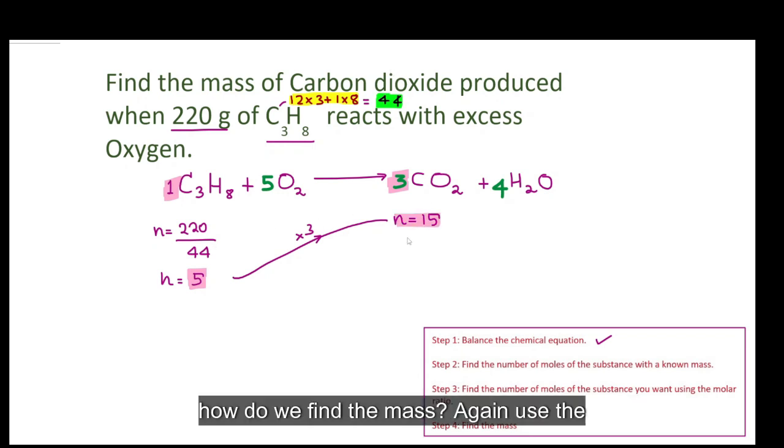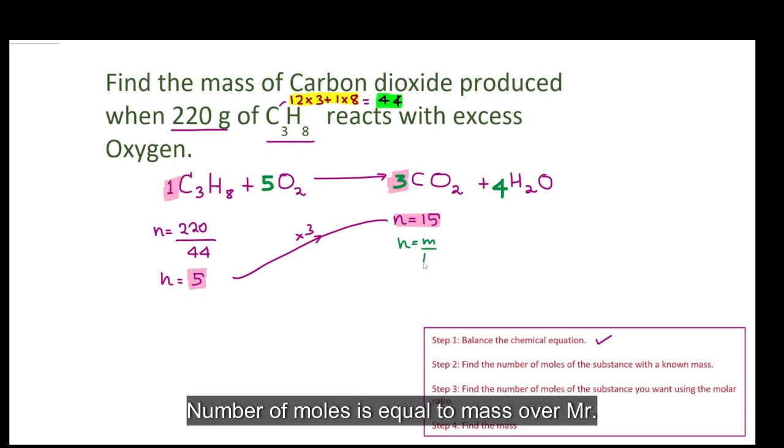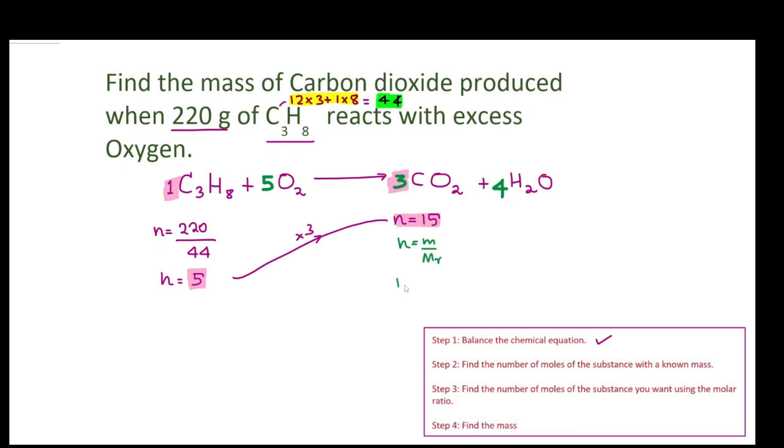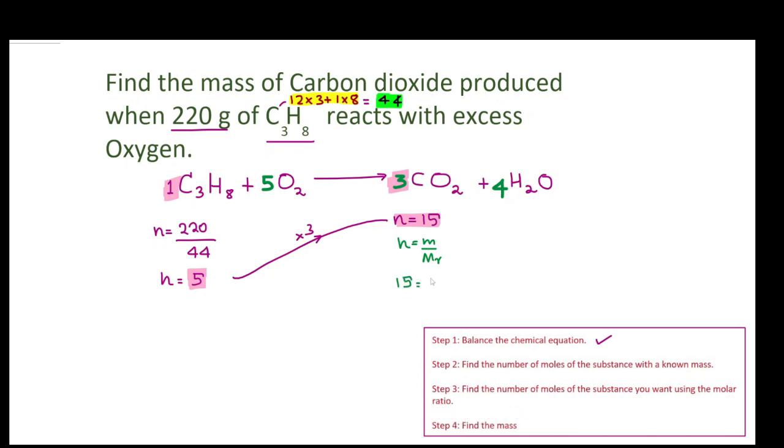Now, how do we find the mass? Again, use the formula. Number of moles is equal to mass over Mr. Number of moles here is 15. We just worked this out. Mass we don't know. Mr of CO2. Carbon is 12 plus oxygen is 16, but I have 2 of those.